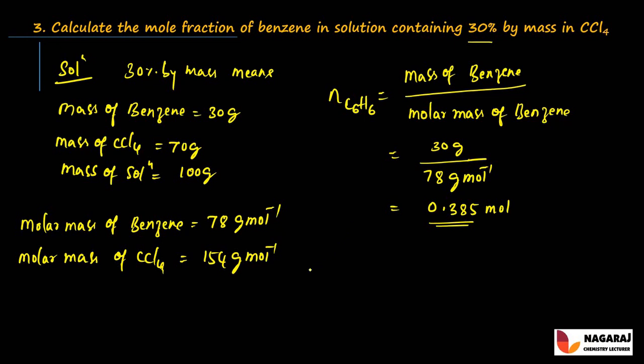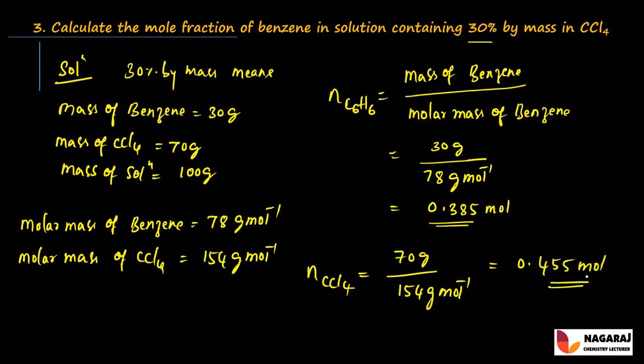Similarly, calculate the number of moles of CCl4. The number of moles of CCl4 is equal to the mass of CCl4, 70 grams, divided by the molar mass of CCl4, 154 grams per mole. On simplification it gives 0.455 moles. Let us see how to calculate the mole fraction.